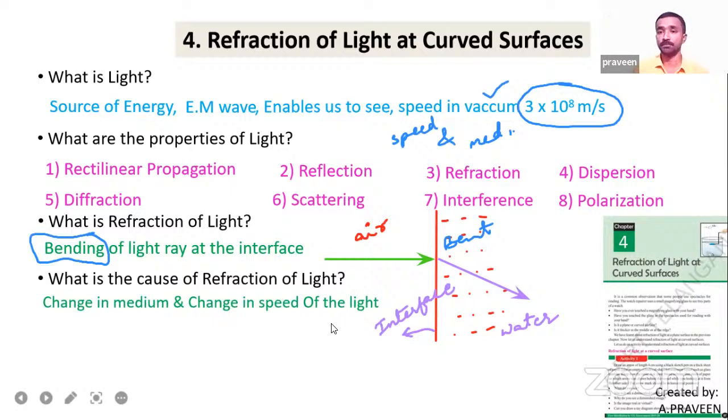In 9th class, we learned majorly three applications. What are they? One is mirages in the deserts. In the deserts, or maybe on the road surface, you are able to see the appearance of water.